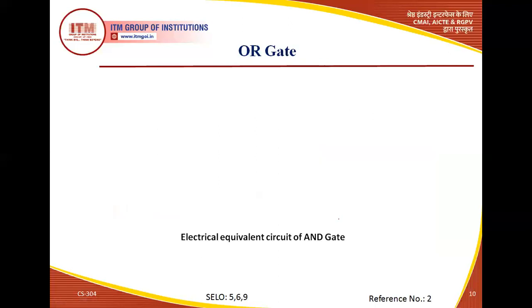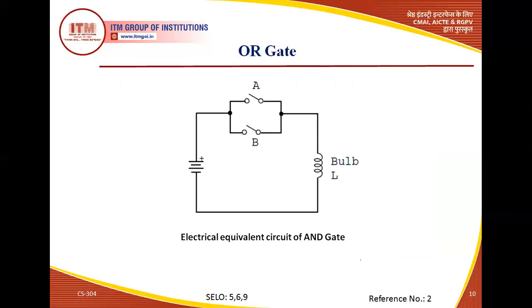Now we see the electrical equivalent circuit of the OR gate. So this is the electrical equivalent circuit of the OR gate. If we connect two switches in parallel, and any of the switches is closed, the path is completed through that switch and the bulb glows.